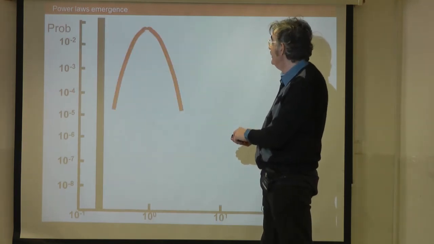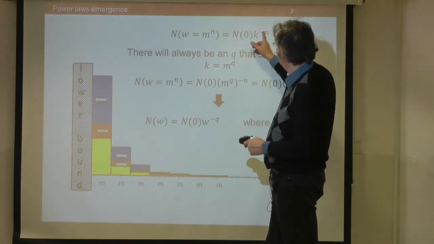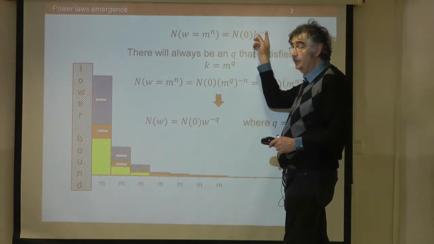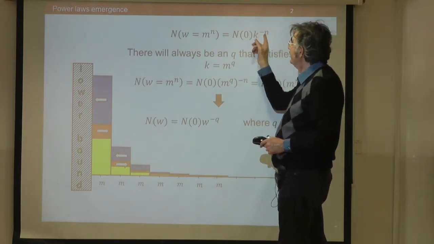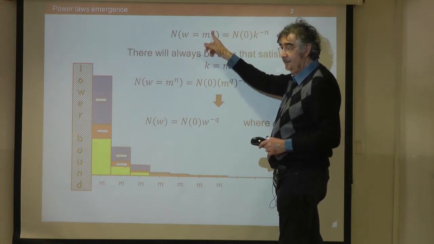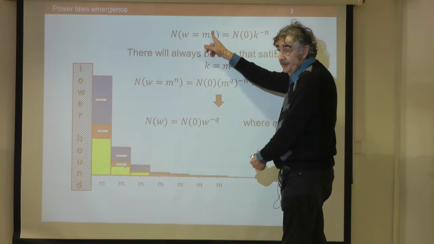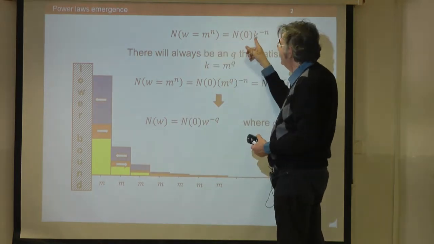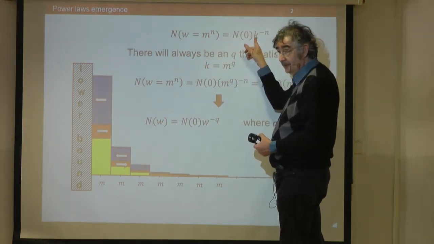This we showed before, but I can remind you even now. You see, if what I do is put on the x-axis this n here, the exponent. Suppose that m is 10 and k is 10.